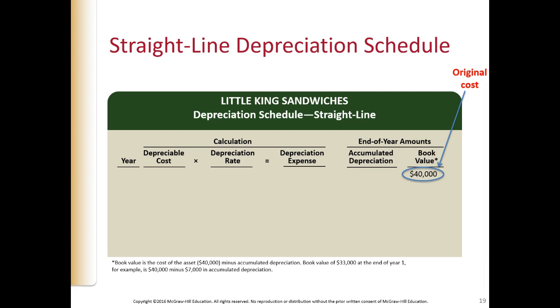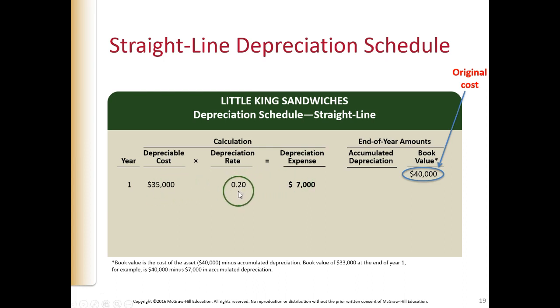Here's a little depreciation schedule to keep up with how much we are taking on the asset each year. The original book value, you can see, original cost, $40,000. At the end of the first year, we will take $7,000 depreciation expense, and $35,000 is what they call depreciable cost. Remember, this is in the numerator we just saw, $40,000 minus the $5,000.